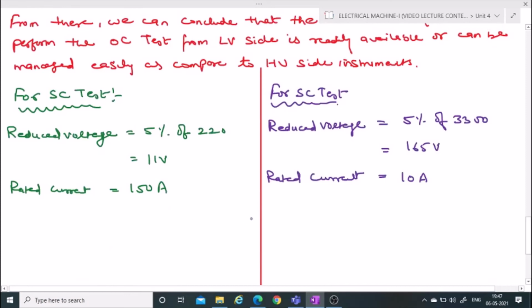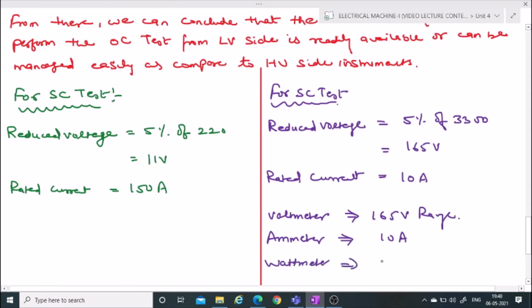So the instruments required for the SC test, if we are performing from the high voltage side, will be a voltmeter of 165 volt range, an ammeter of 10 ampere range, and a wattmeter of 165 volt, 10 ampere.